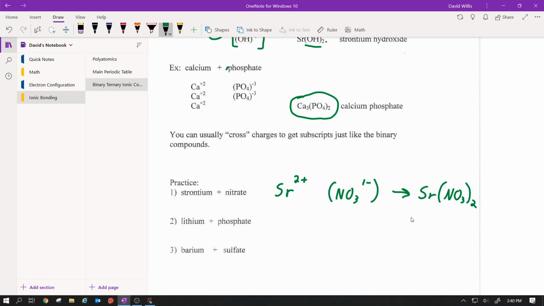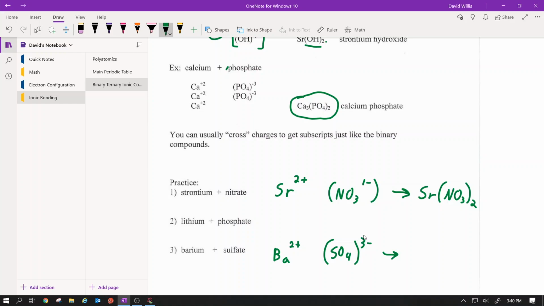Let's do barium sulfate real quickly. Barium also happens to be in the same group 2A. Find sulfate, please. SO4, is it 2 minus?